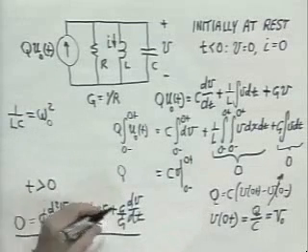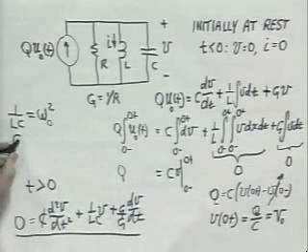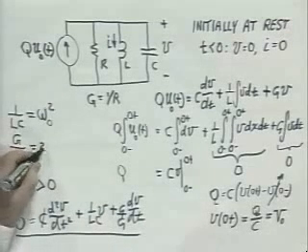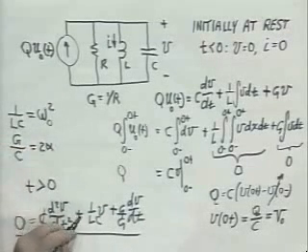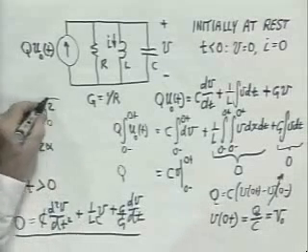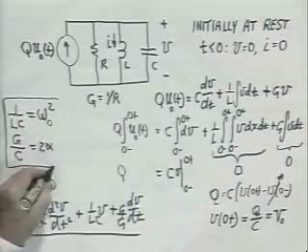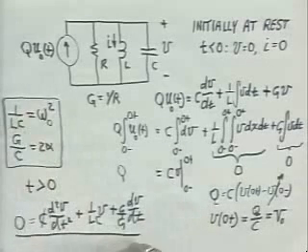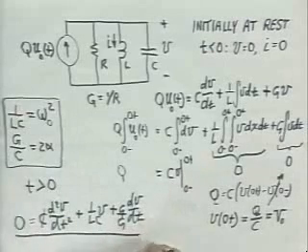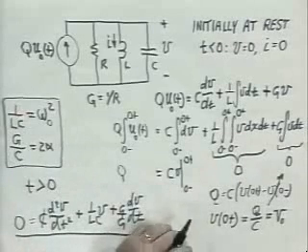And we will call this coefficient G over C 2 times alpha. Alpha is the damping factor. So we've made two definitions, one of omega naught squared, one of alpha. And let's look now at the equation written in that form.